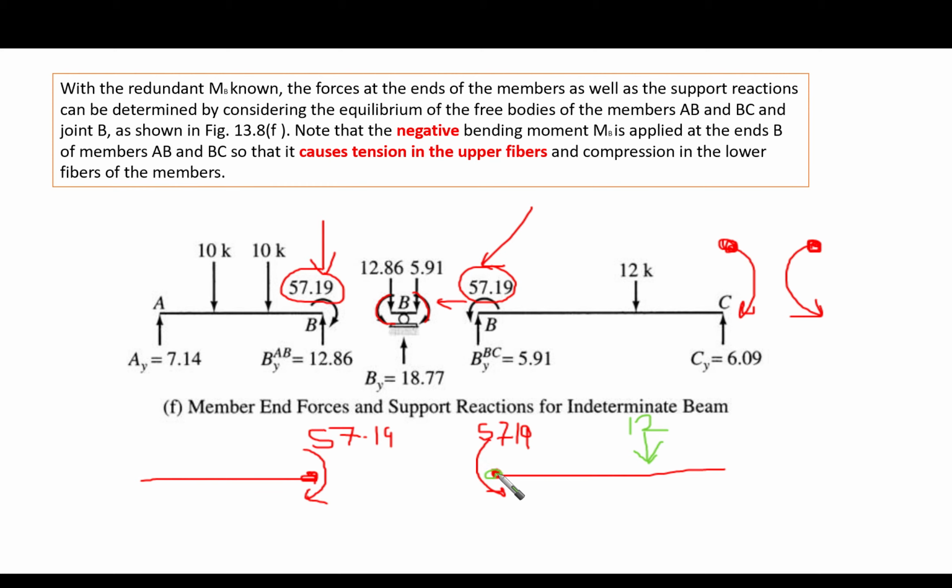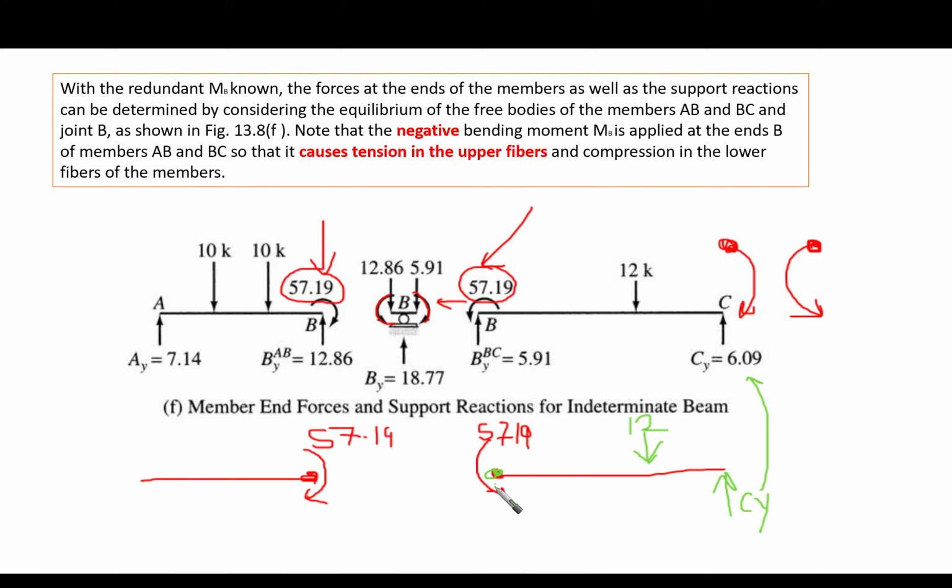Taking the moment here, we can easily get the value of the reaction at C. Similarly, taking the moment here, we have 57 counterclockwise, 12 times this distance is going to make it clockwise, and then the difference is going to be CY, which is given here. So now we obtain CY.